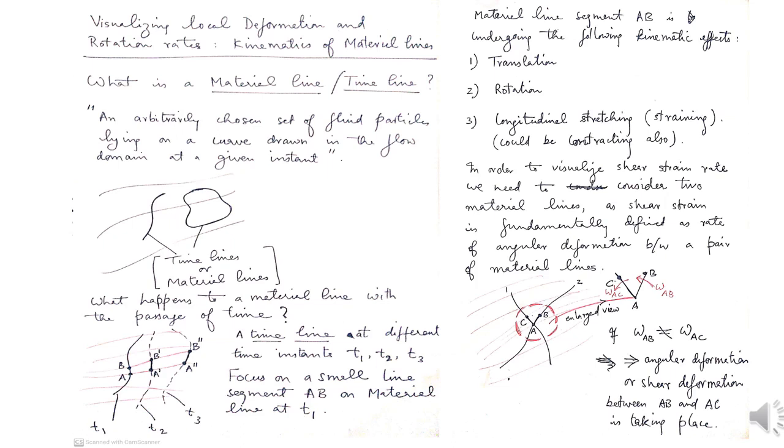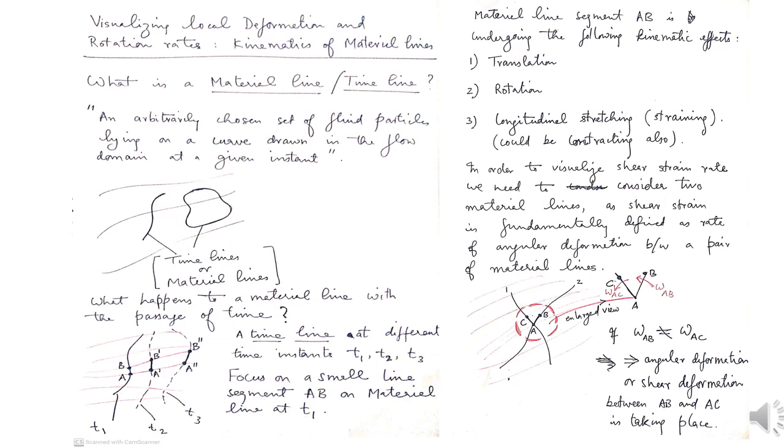You must remember these things very clearly: these are the three local possibilities when you are talking of any two neighboring particles on a timeline. Now all this that we are seeing here is actually applicable to a full-blown three-dimensional flow field.